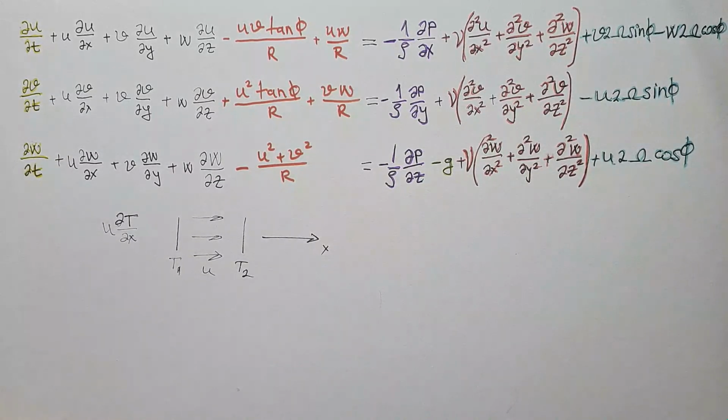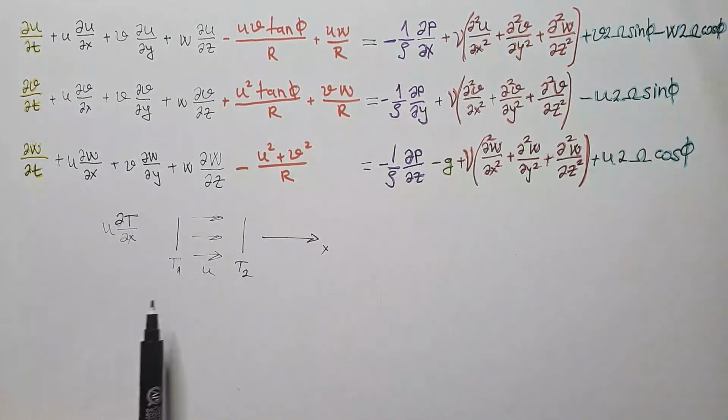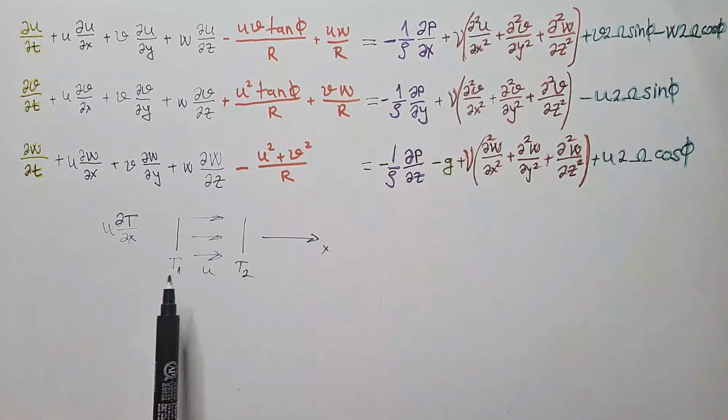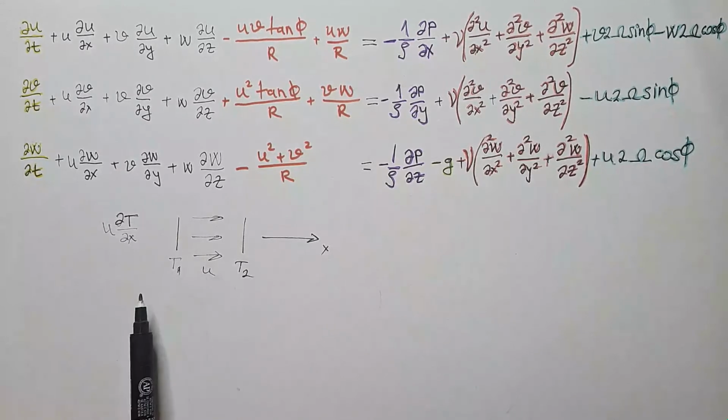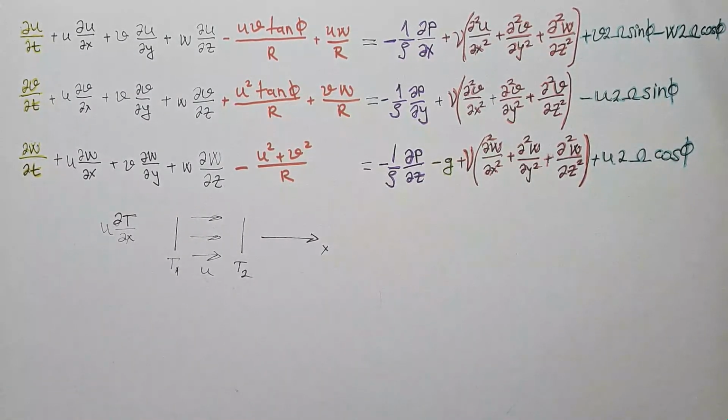But the situation is more complicated than this simple explanation, because as the wind is advecting temperature, temperature is changing pressure and then pressure changes wind. So wind advecting temperature changes itself. This was a very simplified explanation.